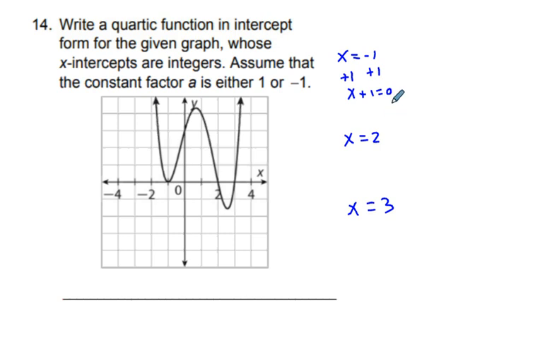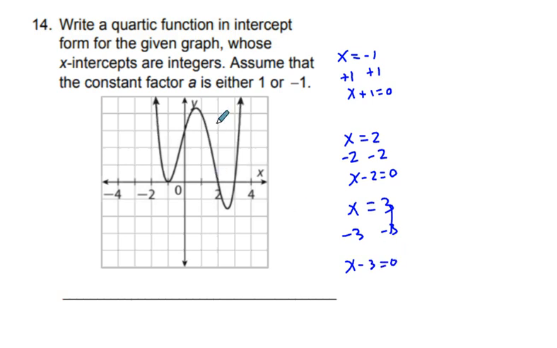So that's going to be one of our factors. Then for x equals 2, if we subtract 2, we have x minus 2 equals 0. And finally, for x equals 3, if we subtract 3, we have x minus 3 equals 0.